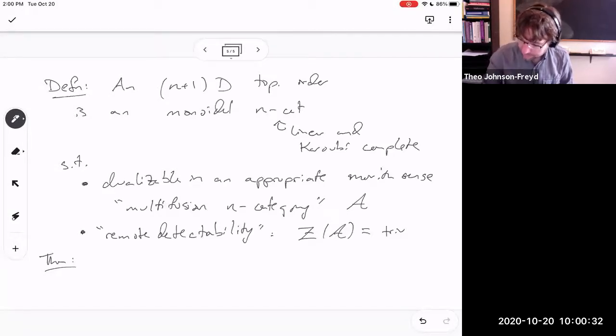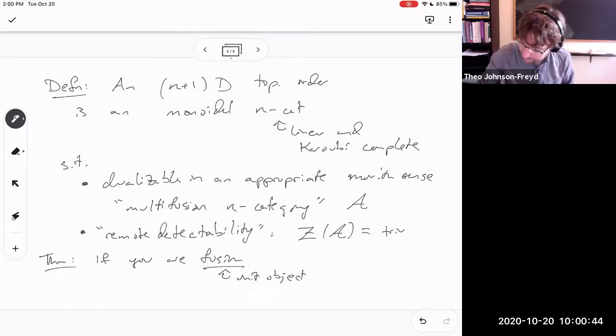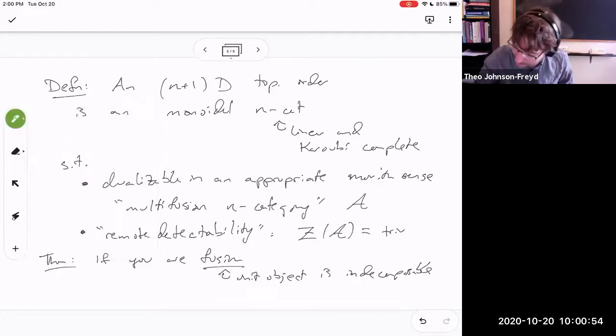I'll just say it this way: if you are actually fusion, meaning that the unit object is indecomposable, so it doesn't decompose as a direct sum. So why would you care about that? Physically this is saying there's a unique local ground state.